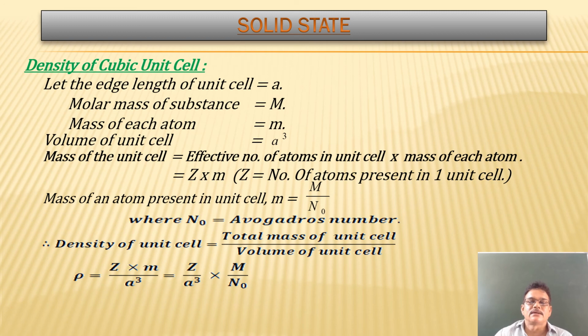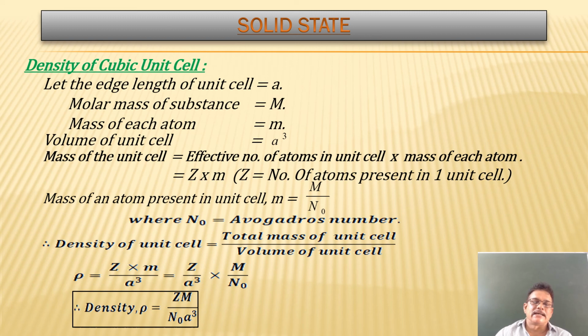By substituting capital M by N naught in place of small m, rho is equal to Z by a cube into capital M by N naught. Therefore, density is equal to Z into M by N naught into a cube. If we take the letters in the formula of density once again, Z is equal to effective number of atoms in unit cell, M is the molar mass, N naught is the Avogadro's number, a is equal to the edge length of the unit cell.